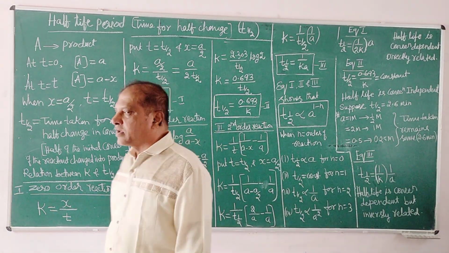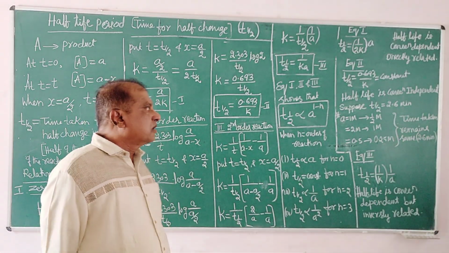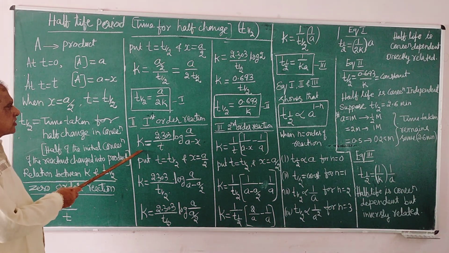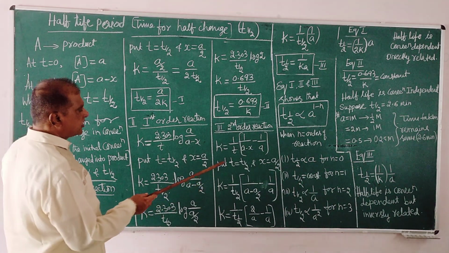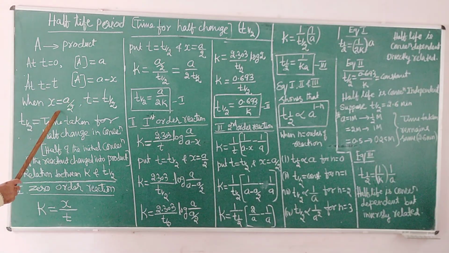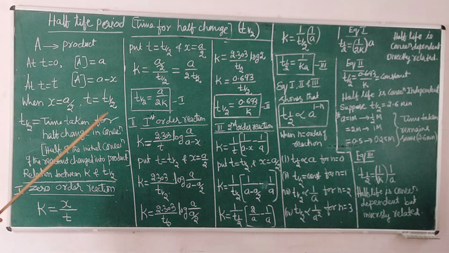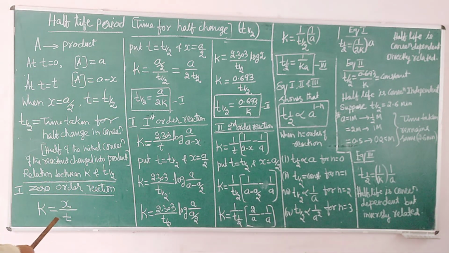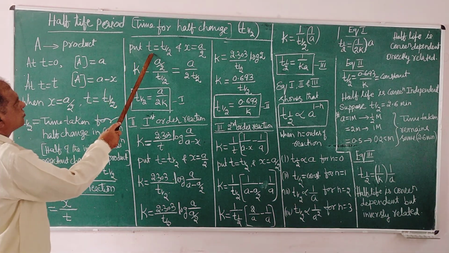Recall the mathematical expressions of all three rate constants: for zero order, for first order, and for second order. Let us put these values into the expression and simplify.